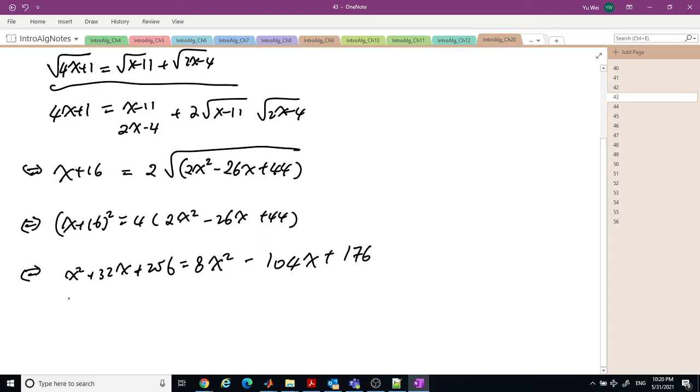Okay, now we have 7x squared minus 136x minus 80 equal to 0.